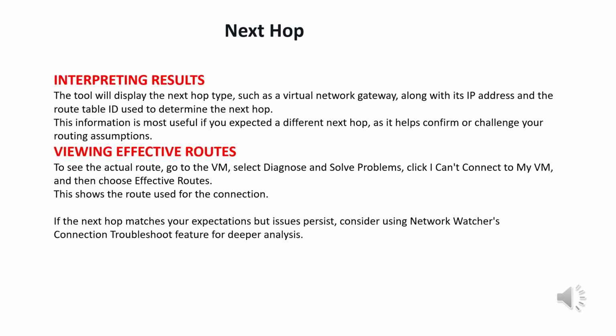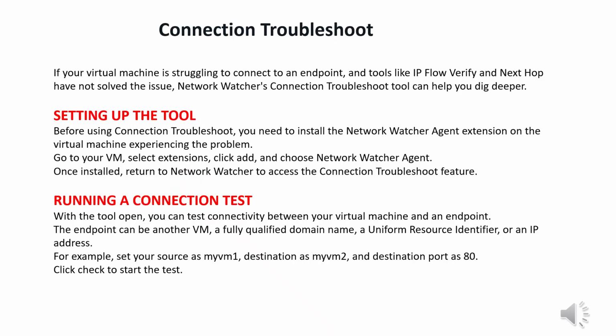If the next hop matches your expectations but issues persist, consider using Network Watcher's Connection Troubleshoot feature for deeper analysis. If your virtual machine is struggling to connect to an endpoint, and tools like IP Flow Verify and Next Hop have not solved the issue, Network Watcher's Connection Troubleshoot tool can help you dig deeper.